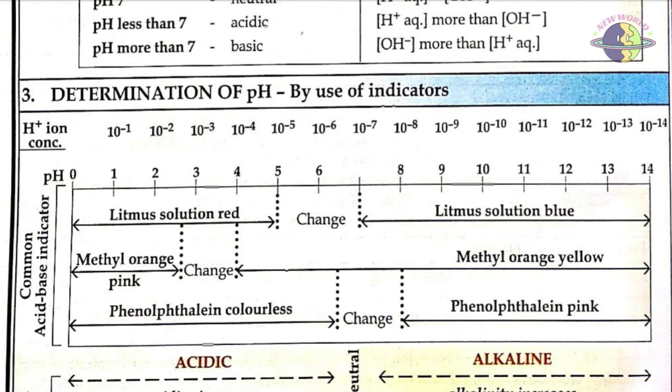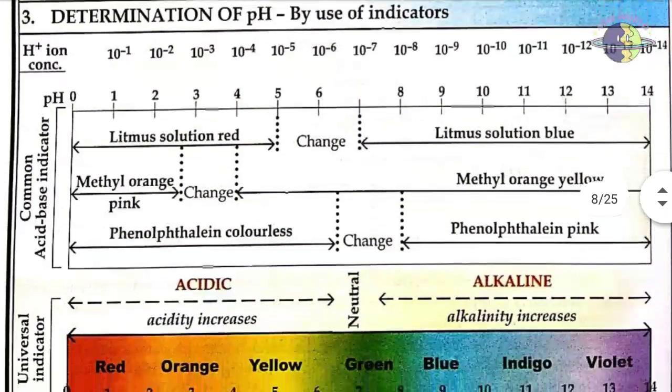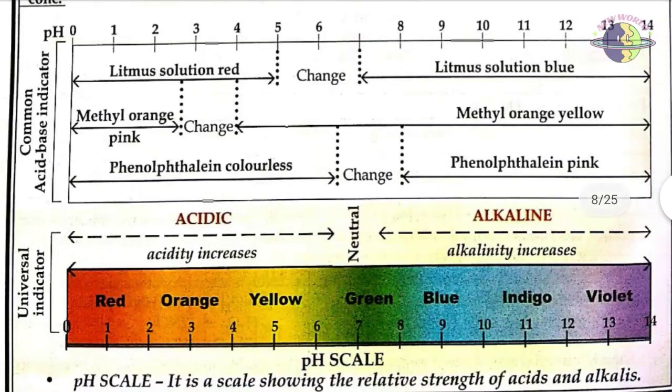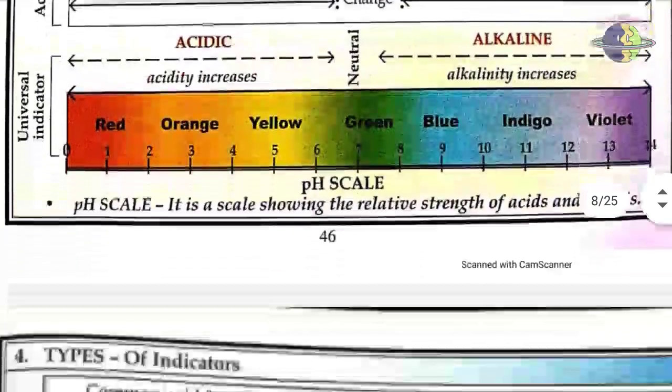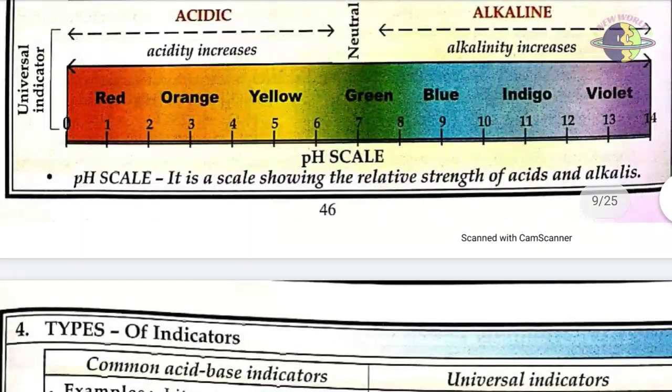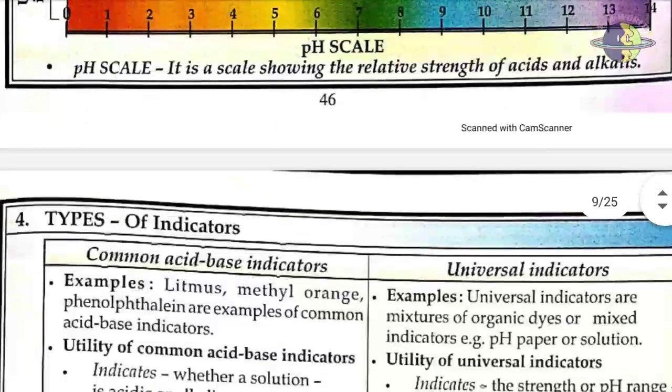On the left side are the indicators shown for acids, and on the right side the indicators shown for bases. See, acidic and basic. This is the pH scale where red, orange, yellow, green, blue, indigo, violet colors are given, which are universal indicators.